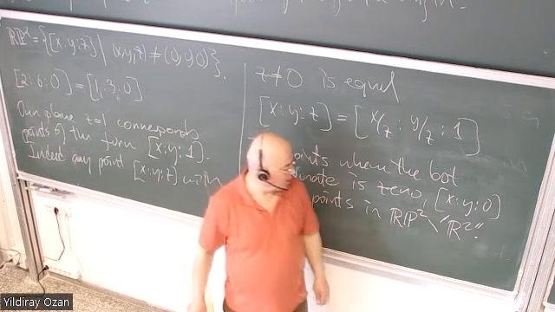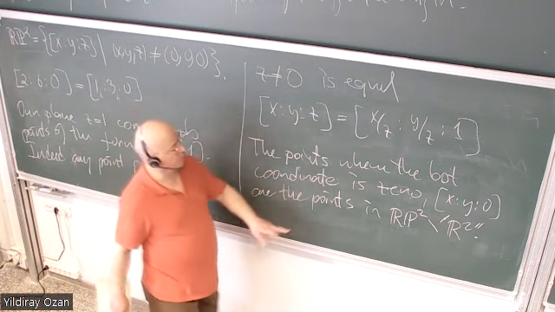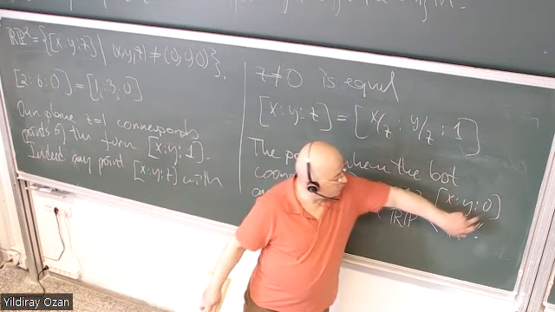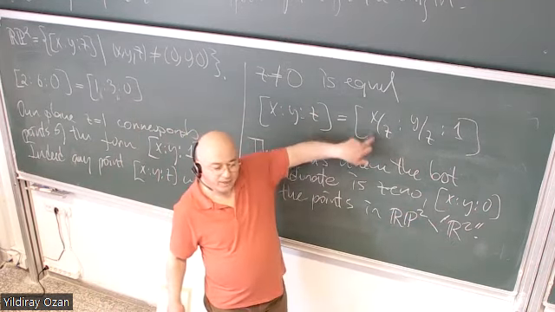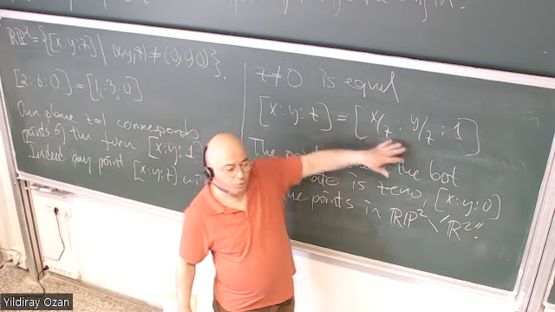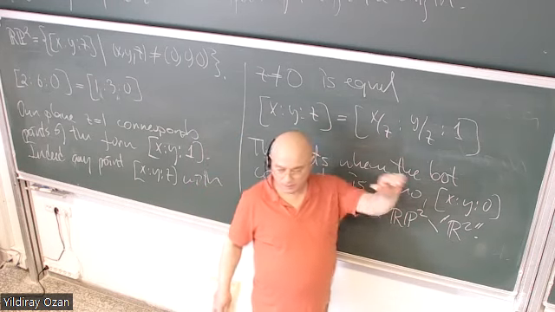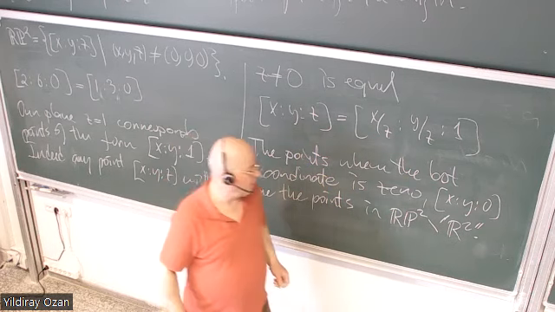Tamam mı? Zaten şöyle de düşünebilirsiniz. Bakın. Onlar neye karşılık geliyor? Z'nin 0 olduğu yere. Z'yi 0'a gönderirseniz, değil mi? Bu koordinatlar sonsuza doğru gidiyor.